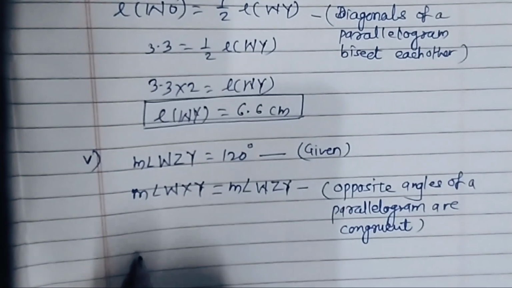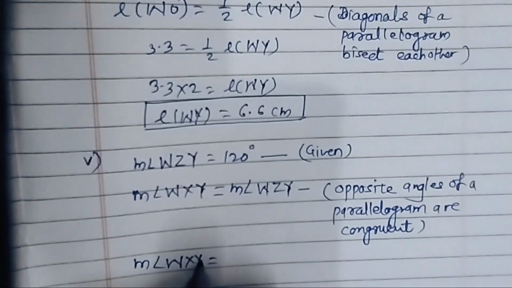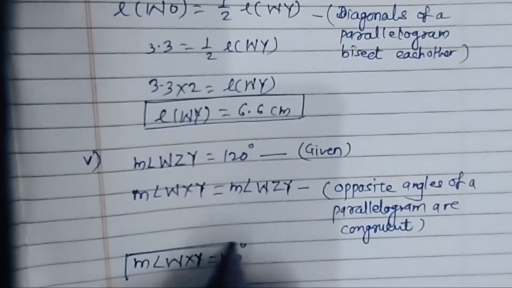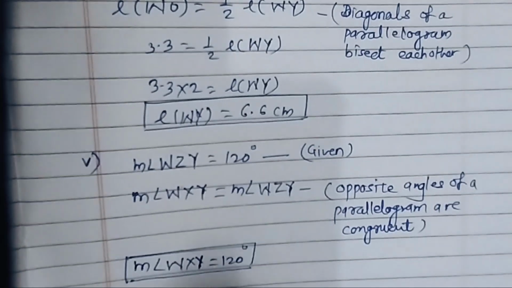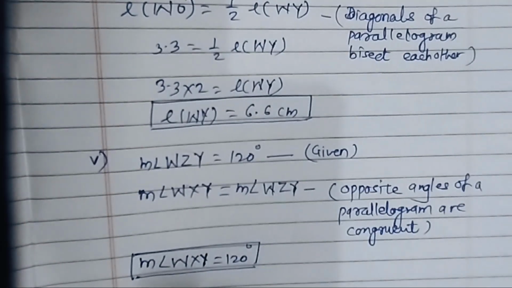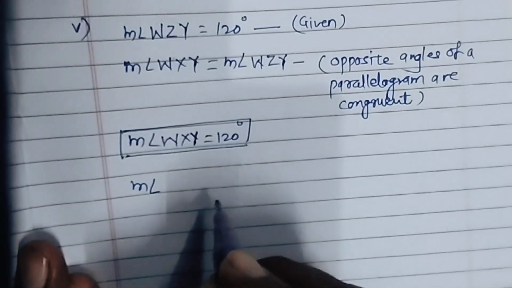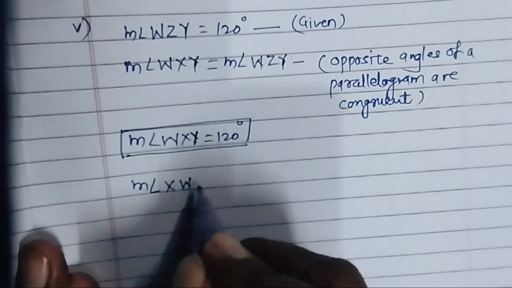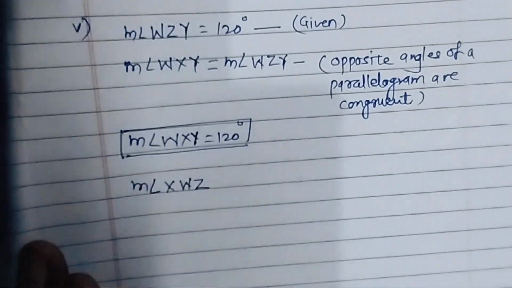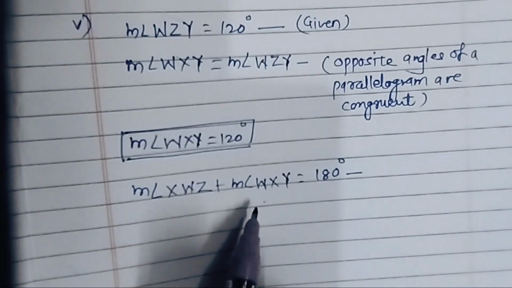So here we write: measure of angle WXY is equal to 120 degrees. Both are opposite angles and are congruent. Again we write: measure of angle XWZ plus measure of angle WXY.